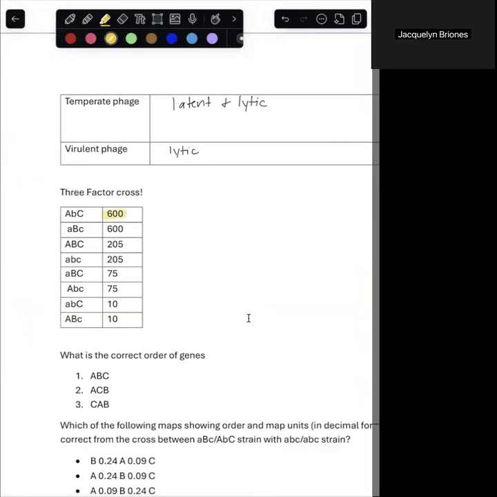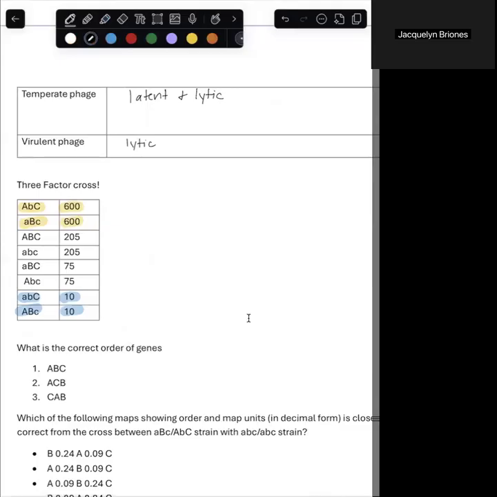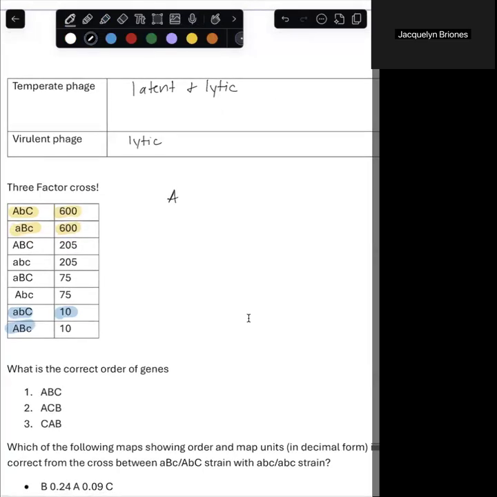The double recombinant is the smallest group, and our others are our parental genotypes.